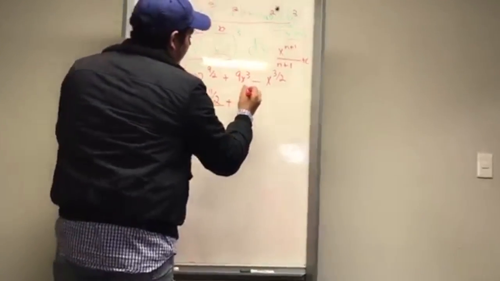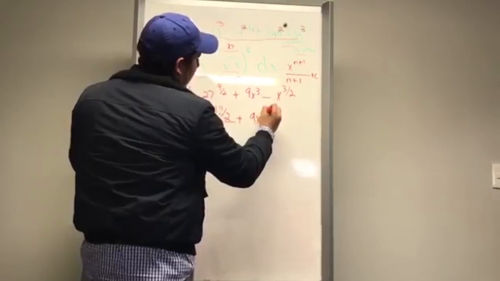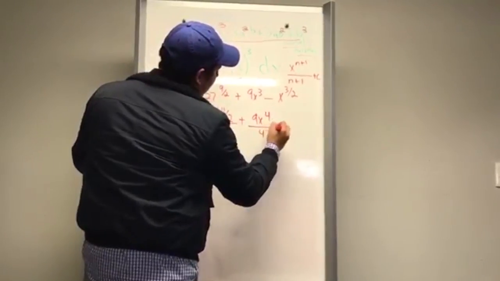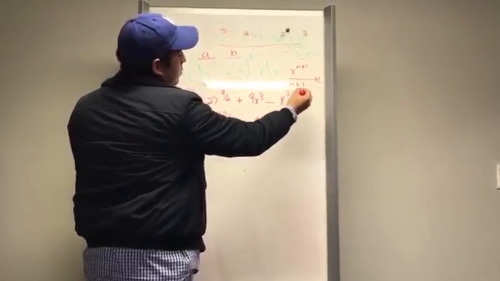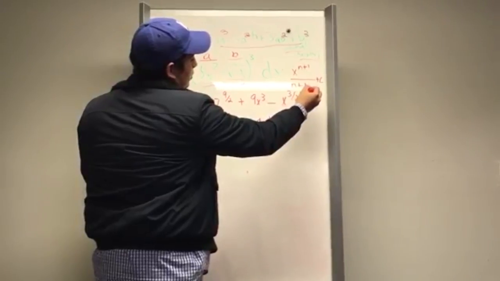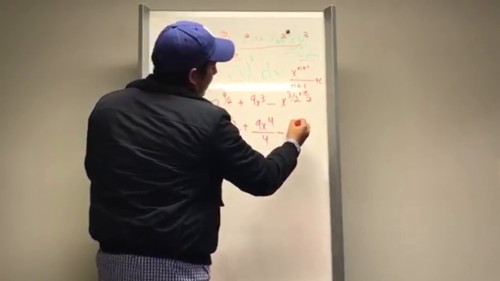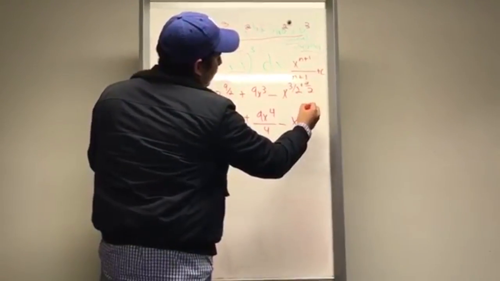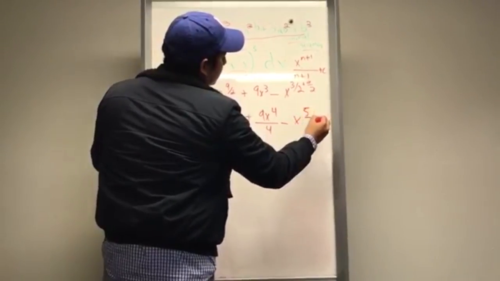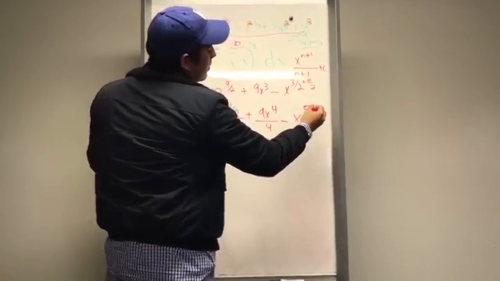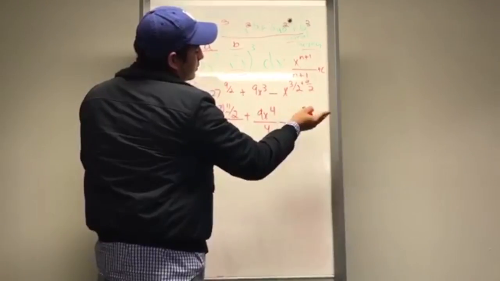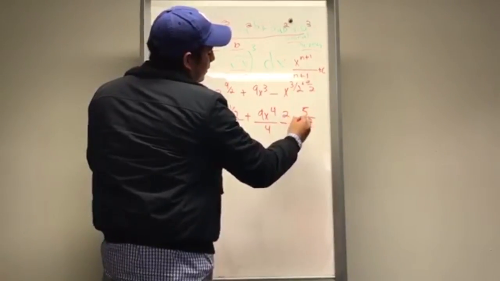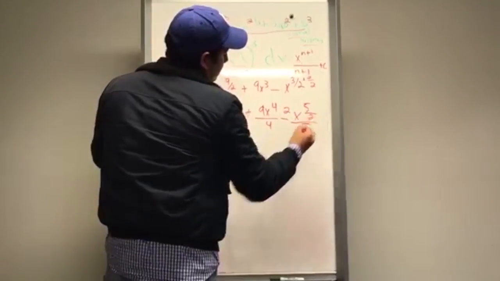Then we're gonna have 9x to the 4th, and then we're gonna have this plus 1 plus 2 is gonna be x to the 5th over 2, and then this number we're gonna flip it over, so it's gonna be 2/5.